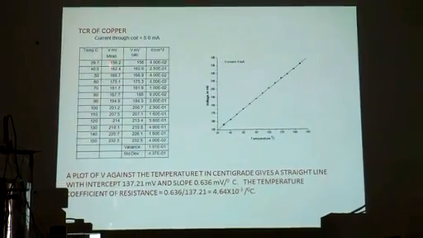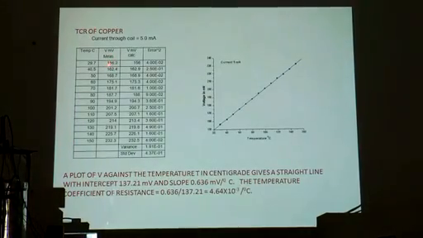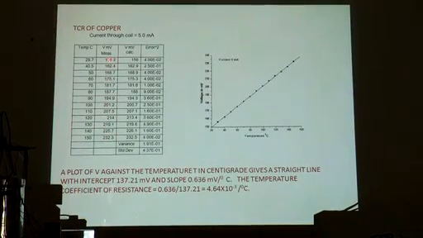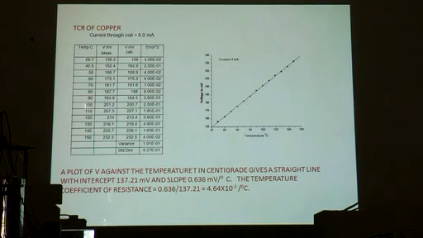This is the value of the voltage across the copper coil, and I plot this voltage against the temperature. I get a straight line.